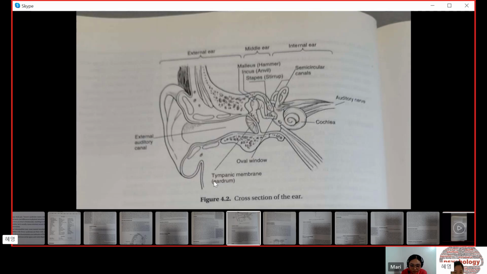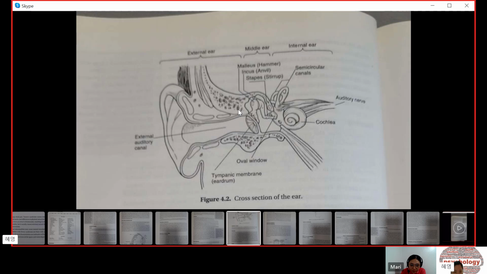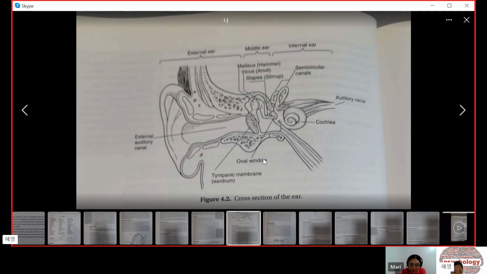And there is an eardrum. This one, eardrum. And here, inside the eardrum, there is an oval window, this one.